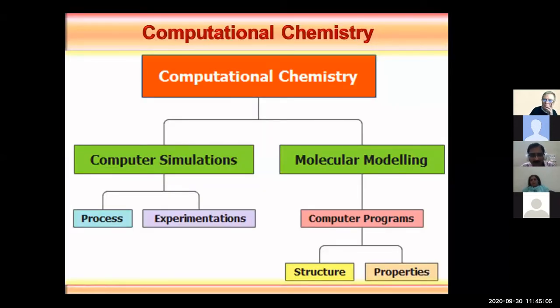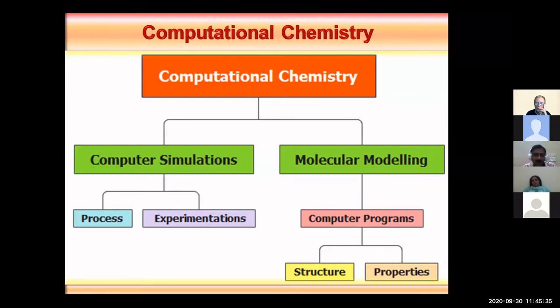Computational chemistry is a discipline which deals with the modeling and computer simulation of systems such as biomolecules, polymers, drugs, inorganic and organic molecules. It uses methods of theoretical chemistry incorporated into efficient computer programs to calculate the structures and properties of molecules, under the domain of molecular modeling.